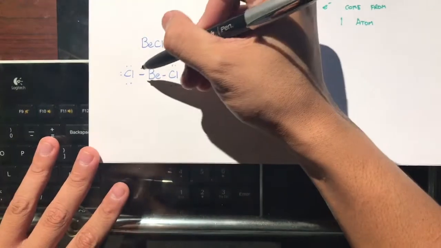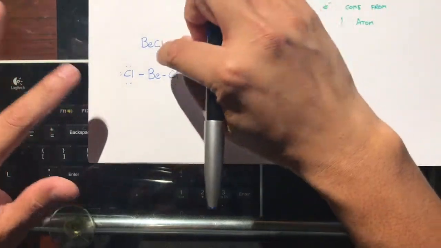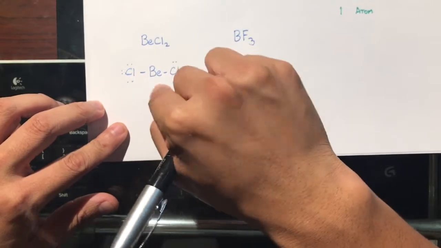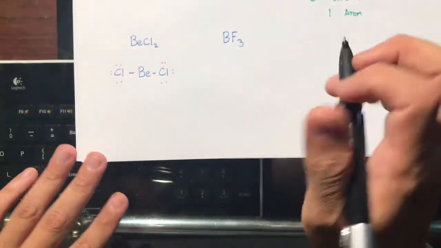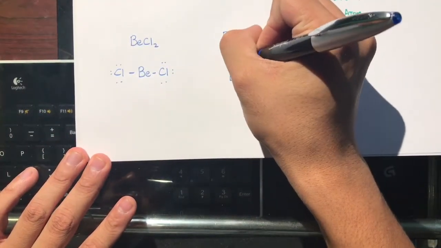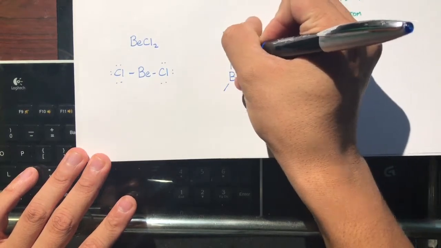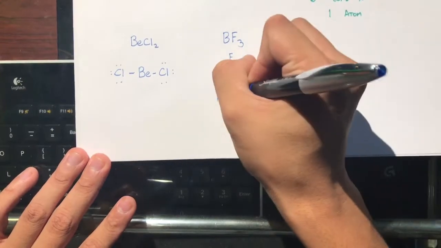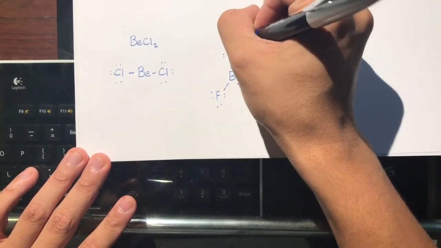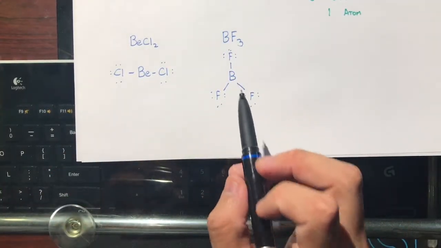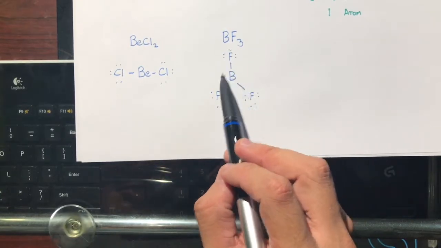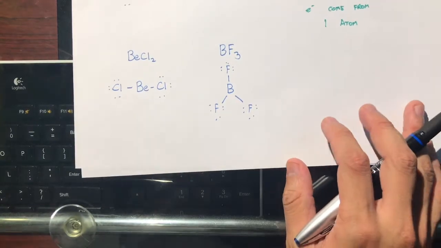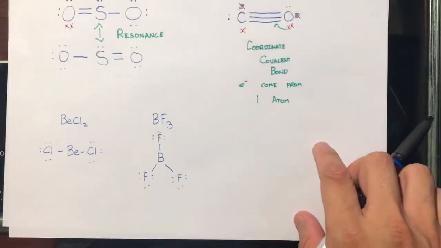I understand that, but Be is just one of those weird exceptions where we cannot have a full octet, and we consider this the actual molecular structure. Same thing with boron. If I'm going to draw it here, it's going to look something like this. Again, I understand that it's not a complete octet, that there are only 6 electrons around this boron, but you just have to accept the fact that there are exceptions to the octet rule.